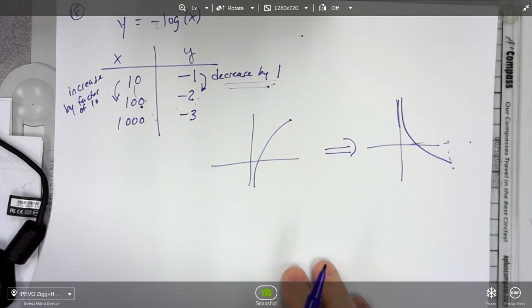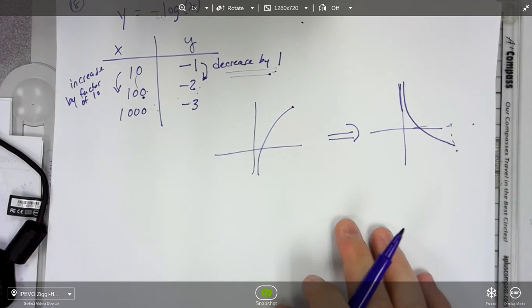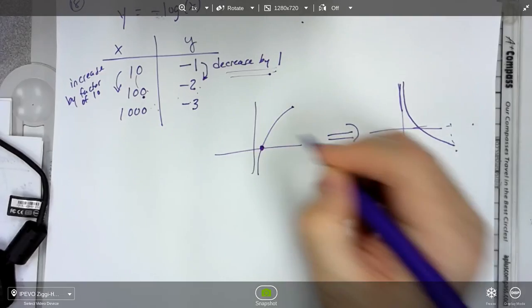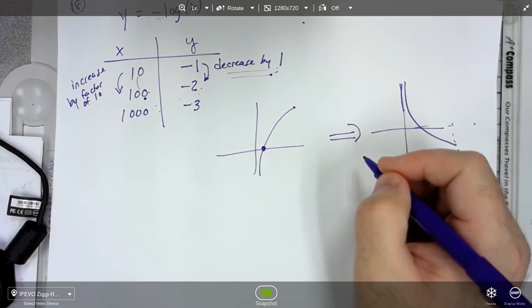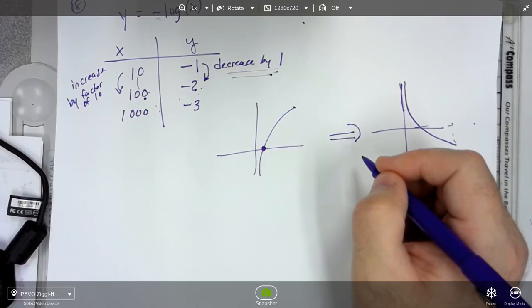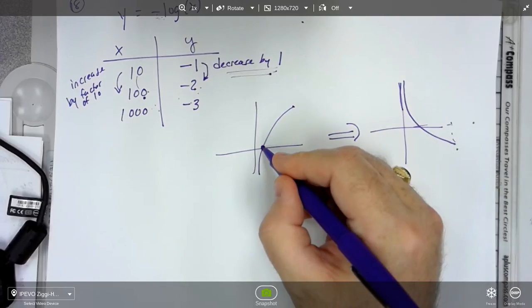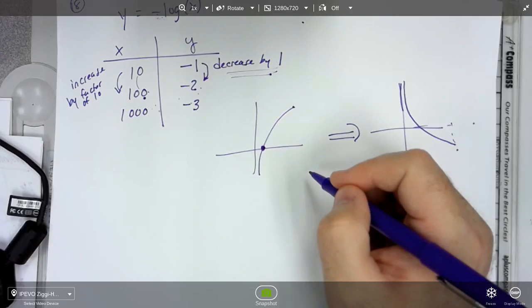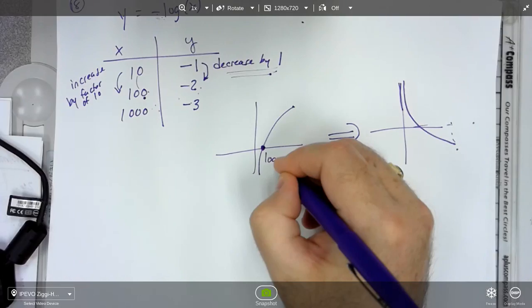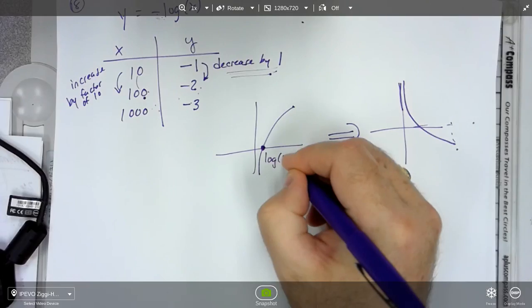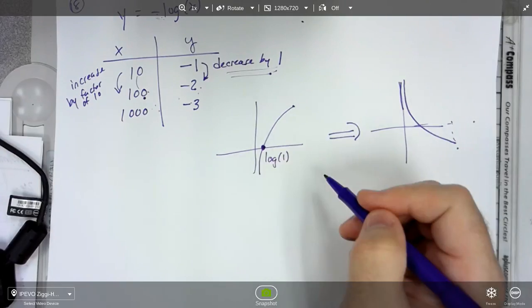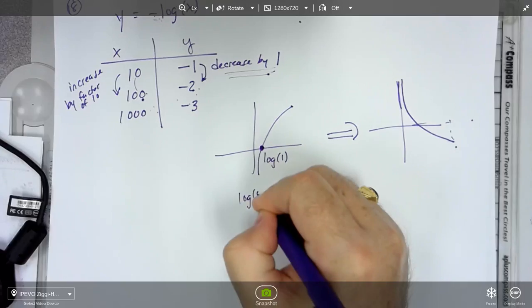All right. And just for sake of review, what is that point right there for the log function? It's the x-intercept, but where does it intersect? It's log of 1. Okay. Log of 1 is 0. What's log of 0? It never crosses the y-axis.